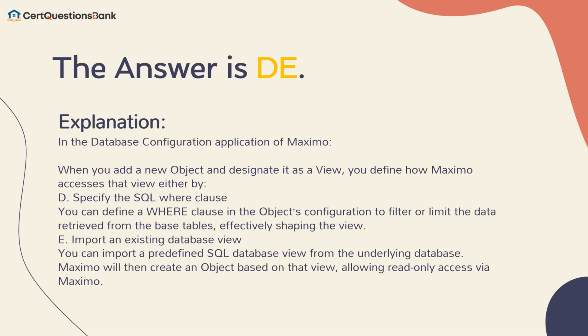You can define a where clause in the object's configuration to filter or limit the data retrieved from the base tables, effectively shaping the view. E. Import an existing database view. You can import a predefined SQL database view from the underlying database. Maximo will then create an object based on that view, allowing read-only access via Maximo.